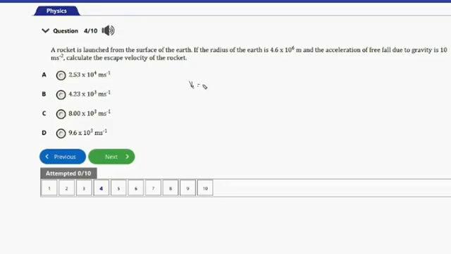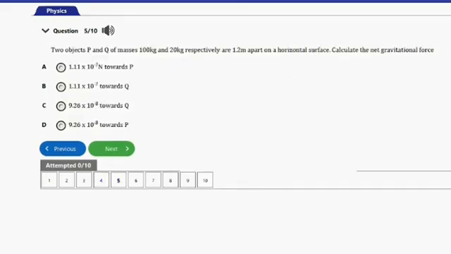In order to do this, you're going to use the formula square root of 2gR. So here we're going to have 2 times 10 times 4.6 times 10 to the power of 6. When we multiply this out, we're going to have 9.6 times 10 to the power of 3, and that's it for this question. Let's check out the next question here.